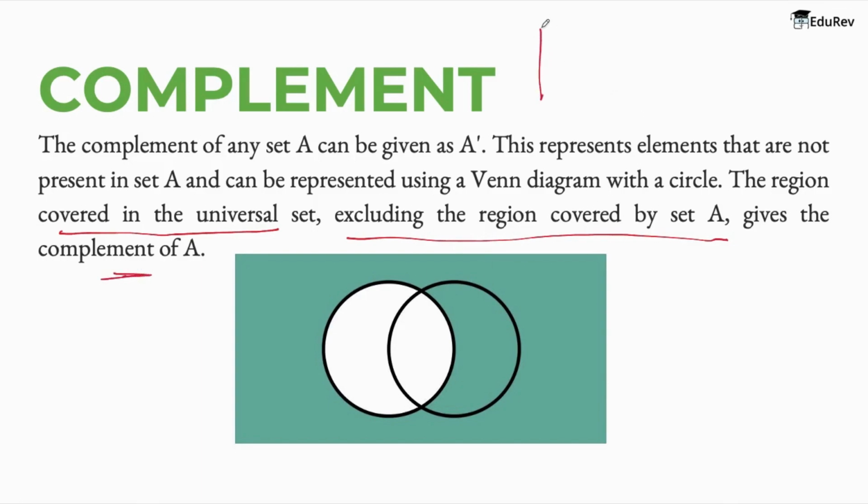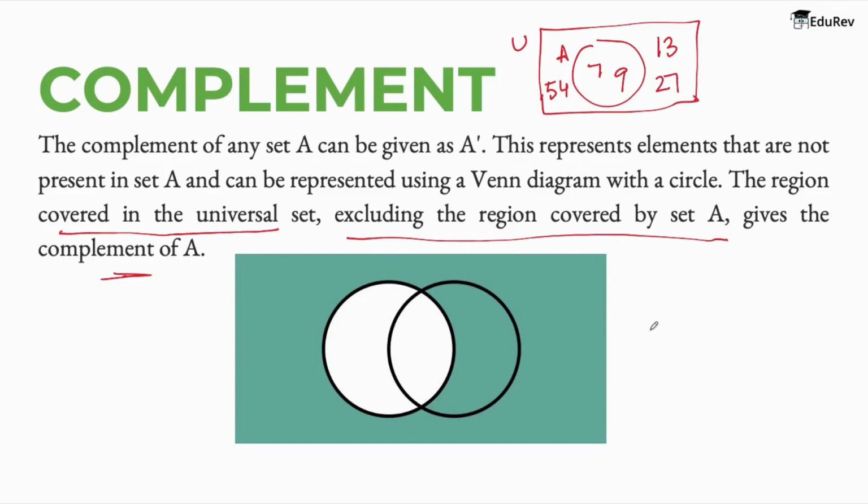For example, let's say that this is your universal set U and this is your A. The elements which are present in your A are, let's say, 7 and 9, and the elements which are present in your universal set are, let's say, 13, 27 and 54. So when you need to write a complement, you can write it in either way.